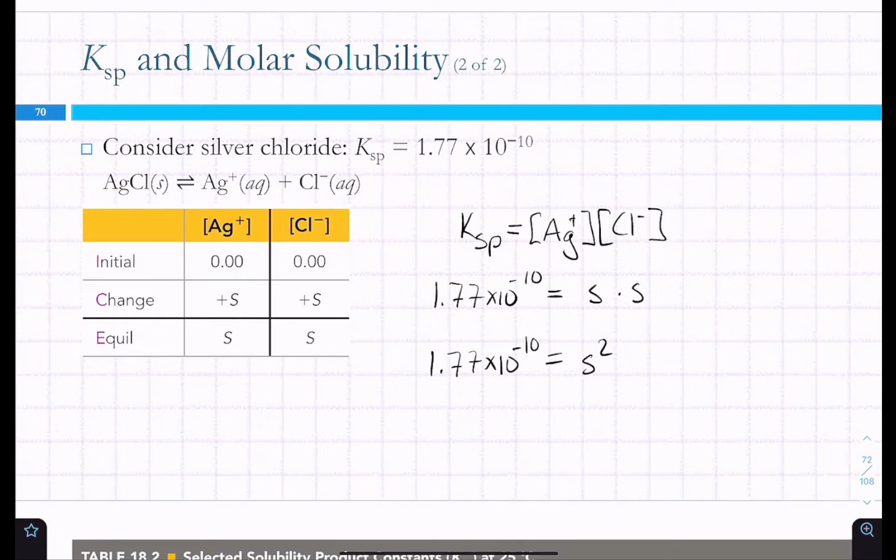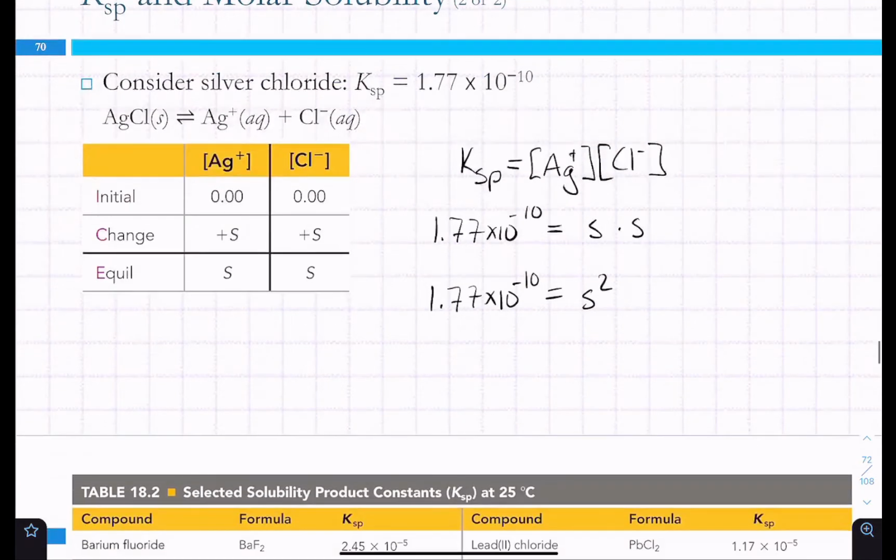So if we take the square root of both sides, this is going to be 1.33 times 10 to the negative 5 equals S. And really, unlike K, this does have units of molarity.